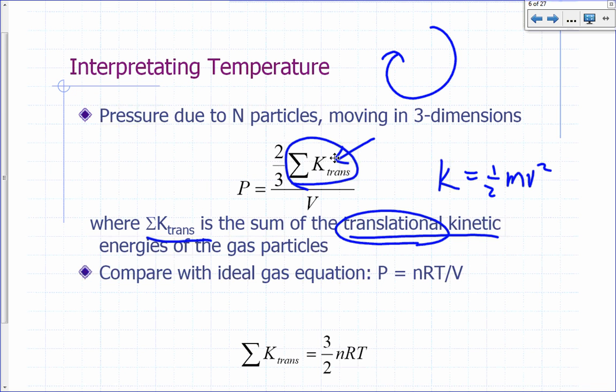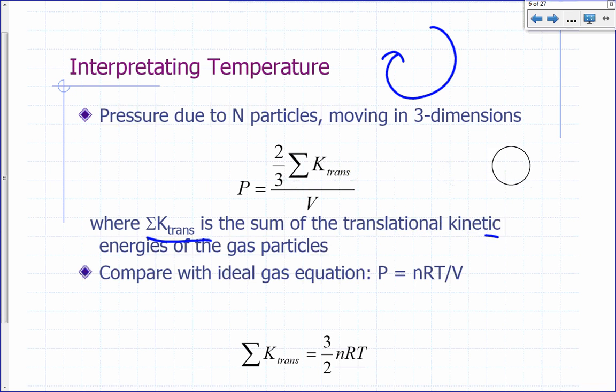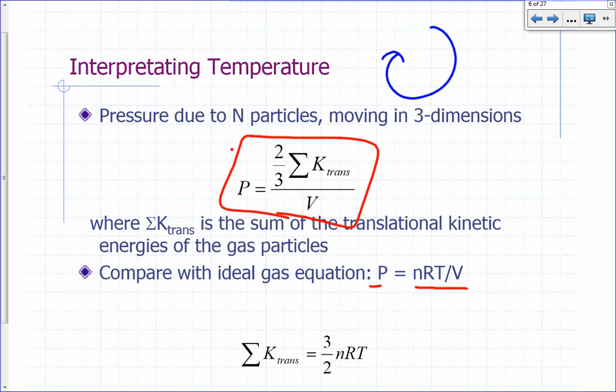If you compare this equation, which you can derive by applying physics to a collection of molecules, we can calculate the pressure they would impart on the wall. It's related to their translational kinetic energy. Let's compare this equation with the ideal gas equation, which says P is equal to nRT over V. Remember, the ideal gas law says PV equals nRT.